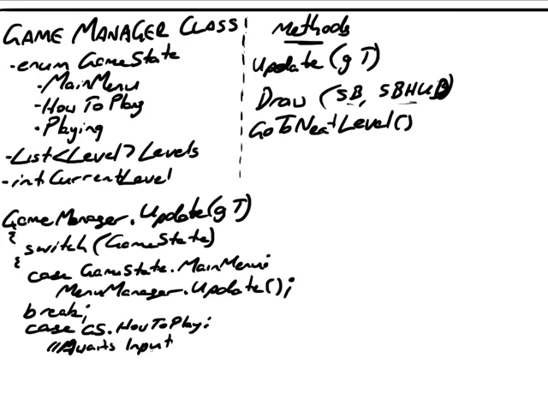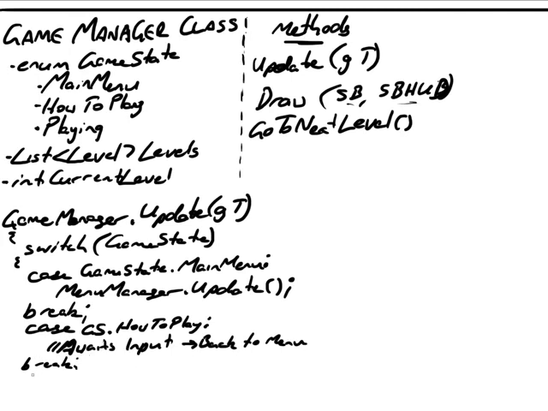Await input meaning await input to go back, back to the menu. Break. Running out of space, so I'll just scroll down some more. I can't scroll anymore. We'll just fit this one here.